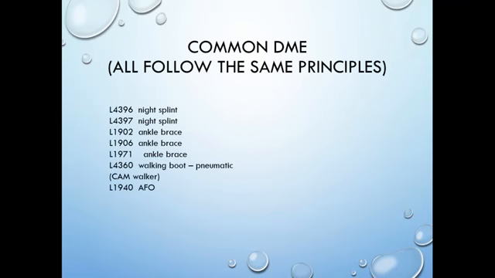Next slide, Alan. So some of the common DMERCs that we see are L4396 and L4397, which are night splints. Now, I've come across a lot of people who are using the incorrect night splint code. We used to always use the only code, which was L4396. Medicare has now designated two separate codes.